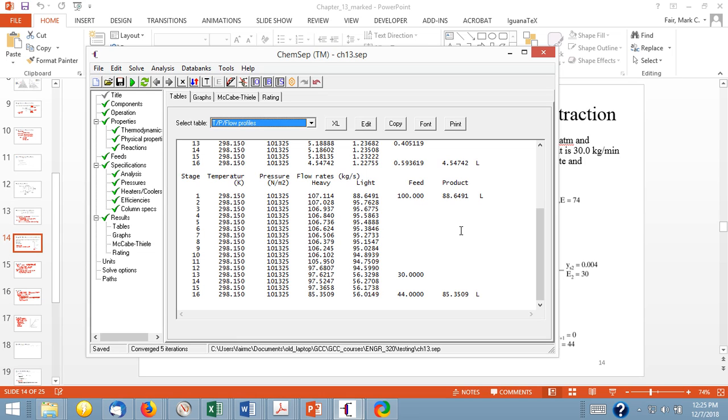So notice what happens here. Immediately the light stream here jumps by what? 12 kilograms. Oh, whatever our units are in this case, 12 kilograms per second. And that's because of the water going into that stream.